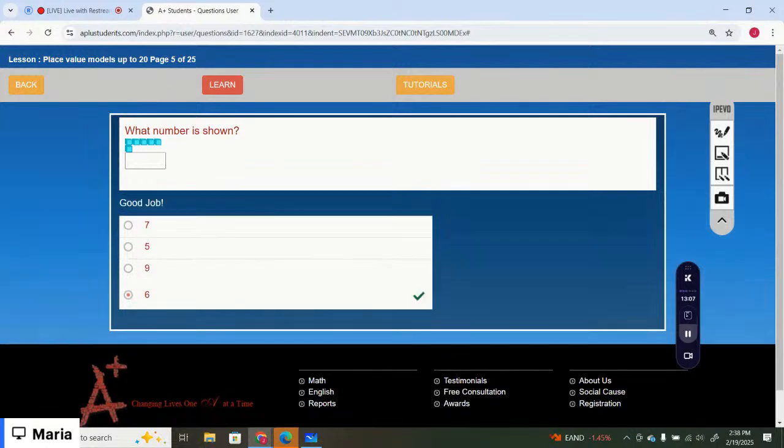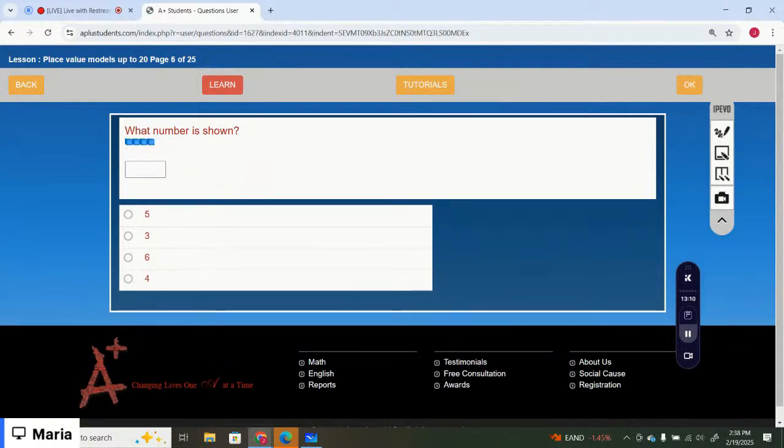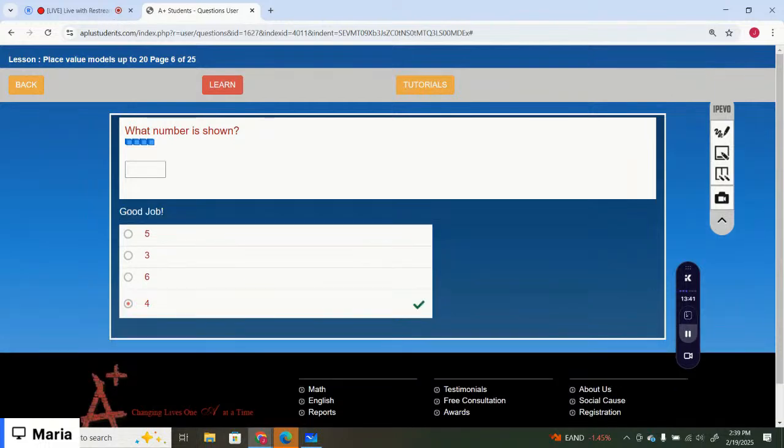That is 6. Option number 4 is the correct option. What number is shown? That is 4, option number 4 is the correct option.